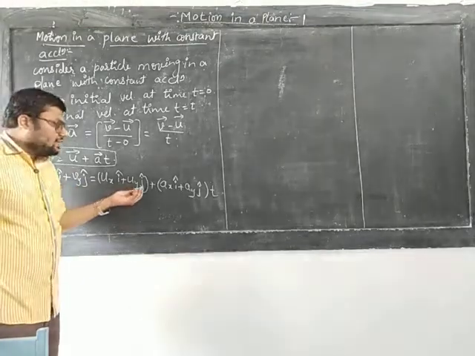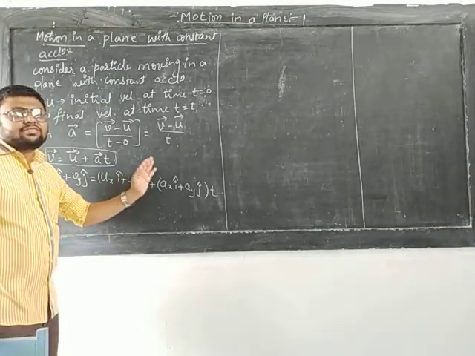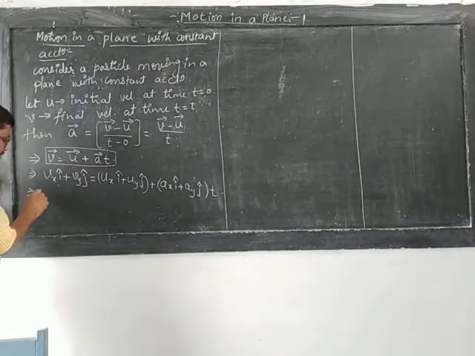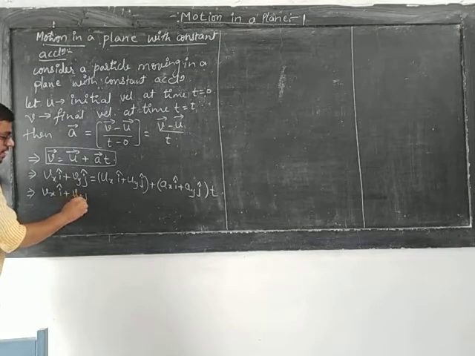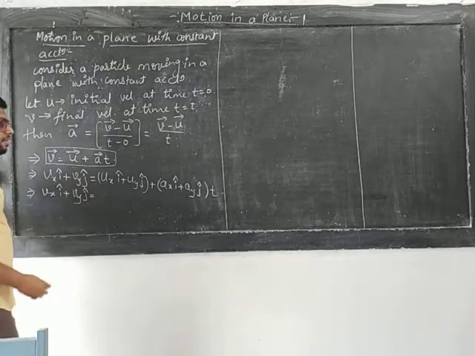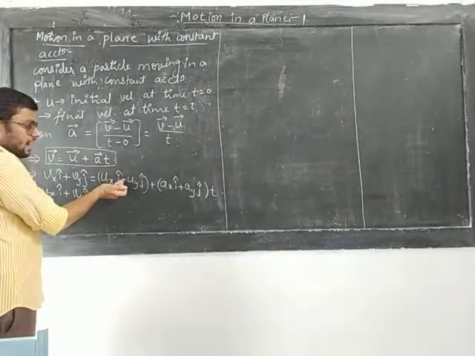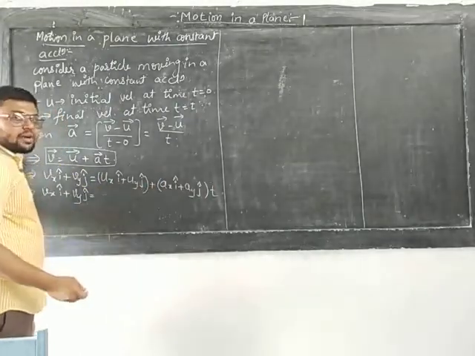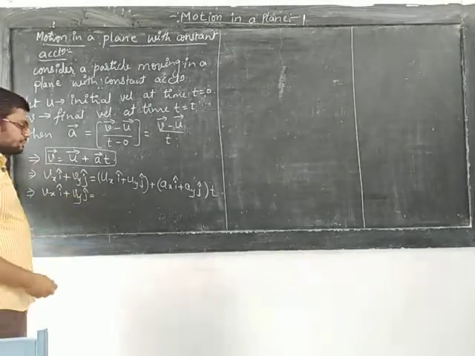Now make all the coefficients of i on one side and all the coefficients of j on one side. So that implies vx i cap plus vy j cap is equal to, so here we have ux as the coefficient of i cap, and ax into t is also a coefficient of i cap. So I will bring them under one bracket.